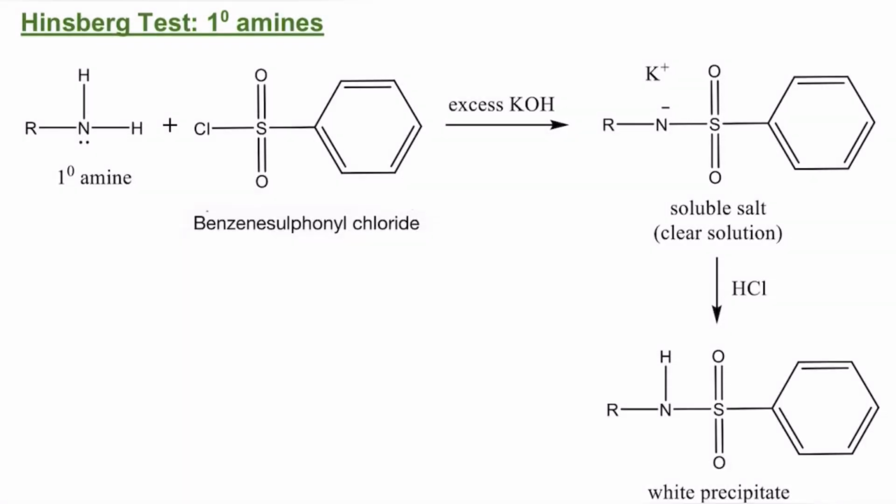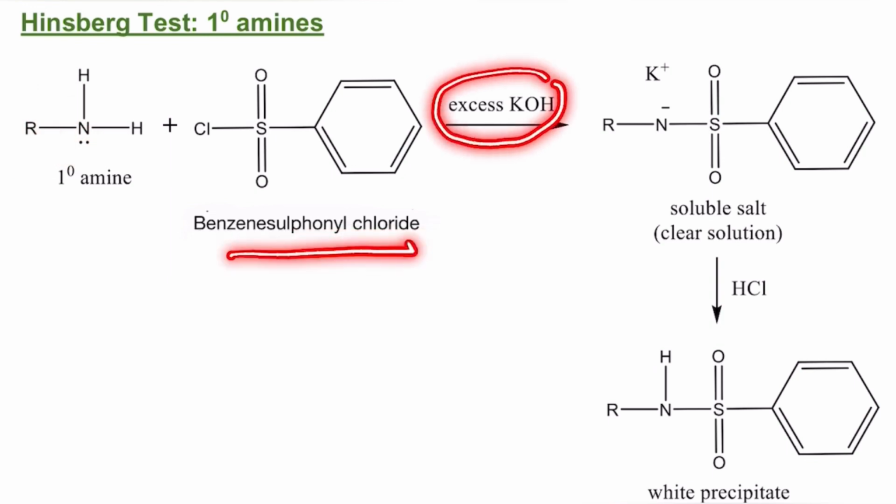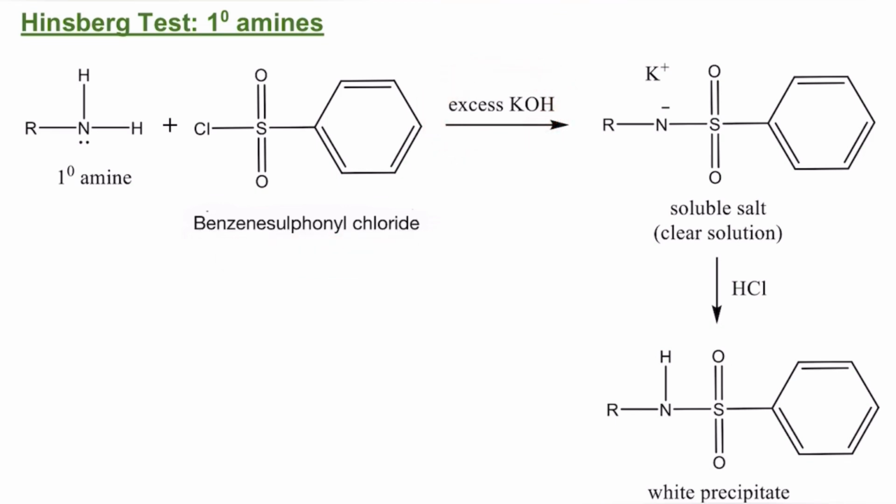The first one is primary amine. So kita ada primary amine, only one alkyl group attached to nitrogen. Reacts dengan benzene sulfonyl chloride dan ada excess KOH on the arrow. Apa yang awak akan dapat adalah ionic soluble salt. This is what I'm referring to as clear solution. So structure dia adalah awak break the Cl here.